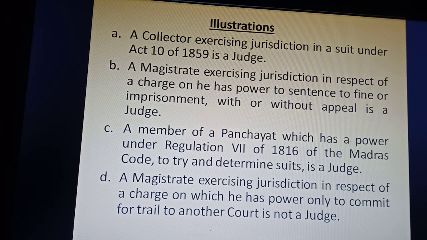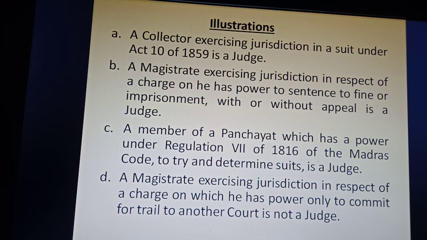Number D, it is very important. D point is very important. A magistrate exercising jurisdiction in respect of a charge on which he has power only to commit for trial. It is very important. He will commit the person for trial to another court, but he will not decide the case finally.